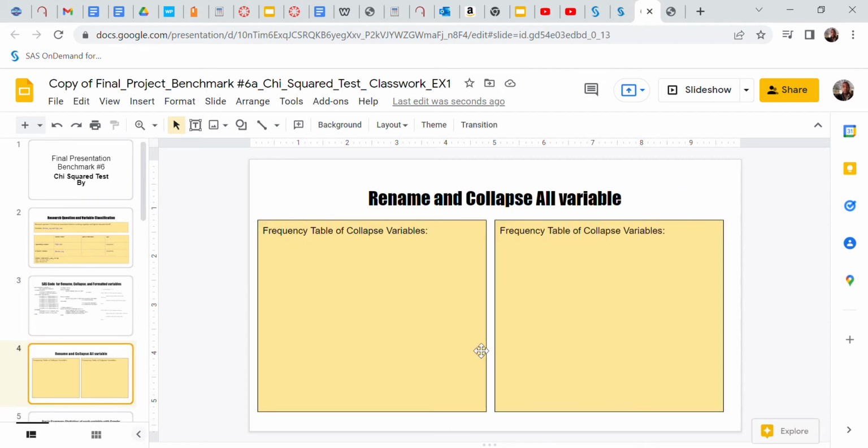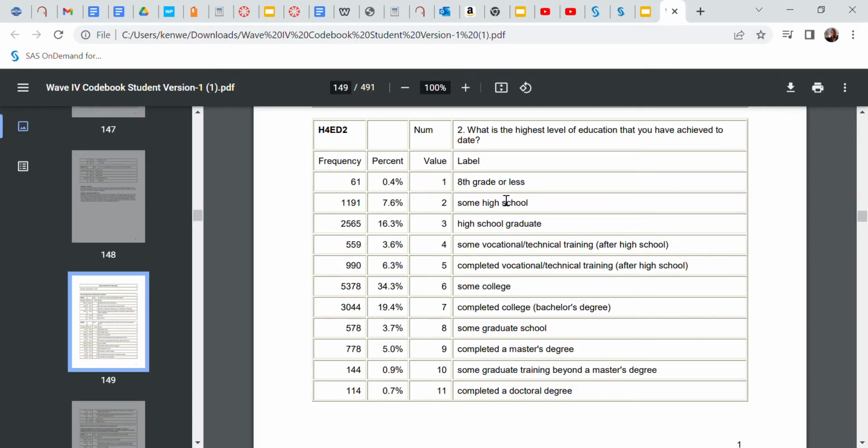The first thing we're going to do is rename and collapse all of our variables. So if you look here, all of the different education levels are kind of too many. So we got eighth grade or less, high school, high school graduate, vocational school, some college, finished college, some graduate, things like that. So what we're going to do is make four levels: no high school diploma, high school diploma, college degree, and then graduate school.